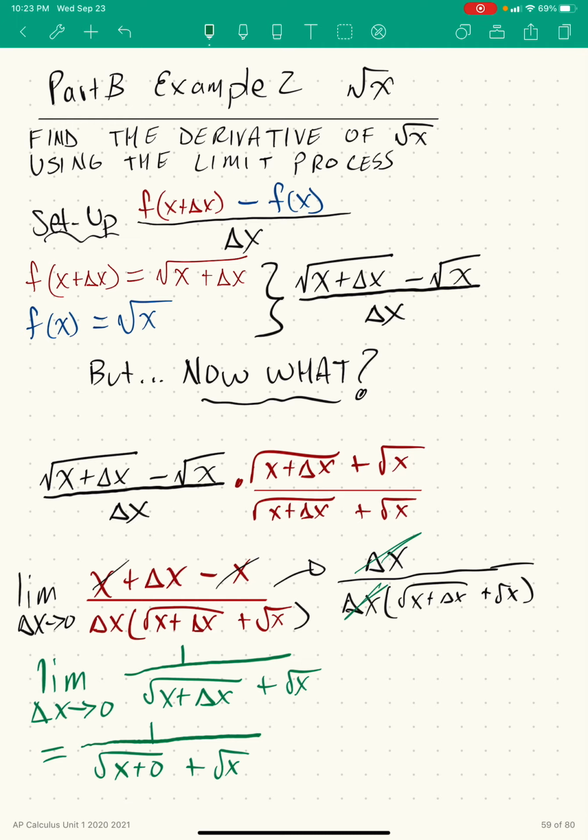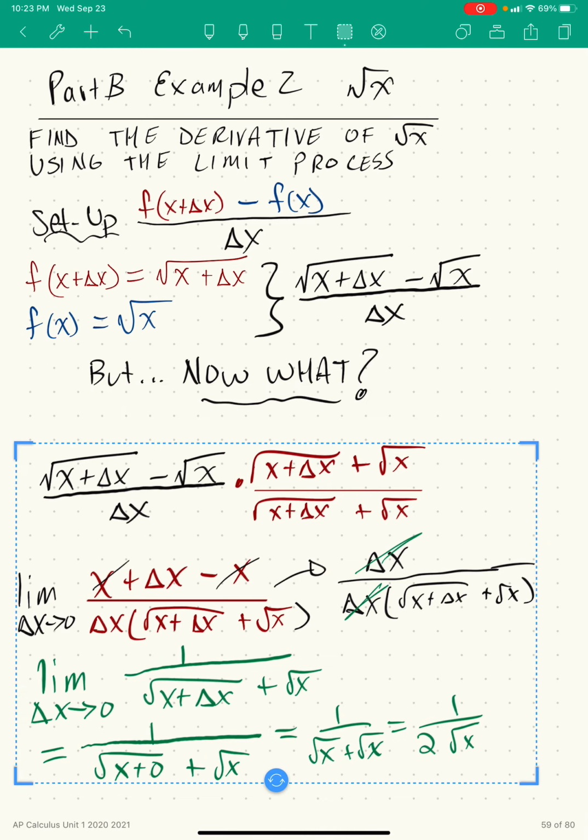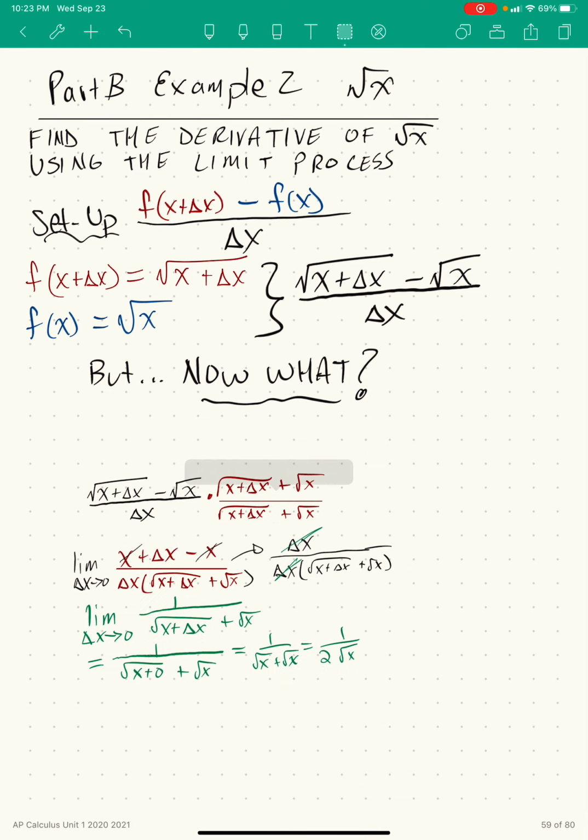And if we simplify this, we get 1 over radical x plus radical x, and when we have 2 of something, we call that combining like terms, so we get 1 over 2 radical x. So this is how we complete a problem that has radicals that we need to apply the limit process of the derivative to. Let's say that I'm unsure of my answer, right?